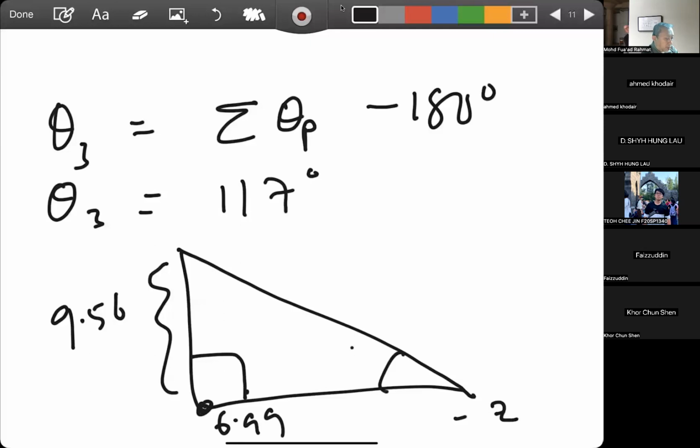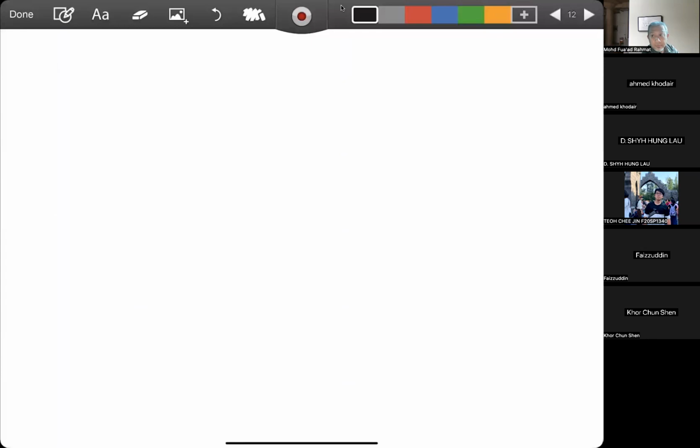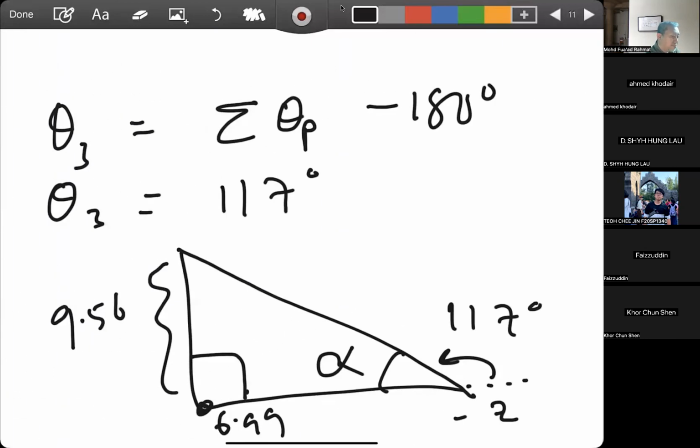And you have to find the angle alpha, because this part is 117 degrees. Okay, so what is alpha? What is alpha? Ahmed, Qadir, what is alpha? Yes, doctor. What is alpha? How to get alpha?